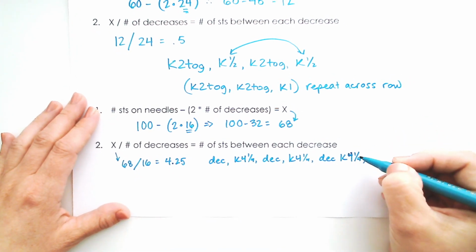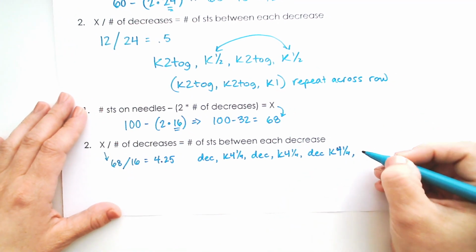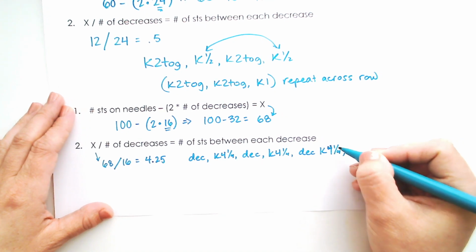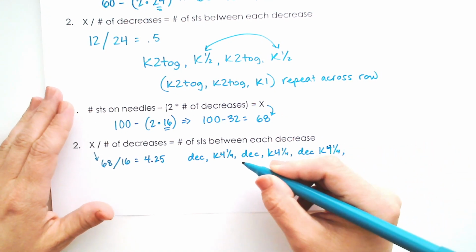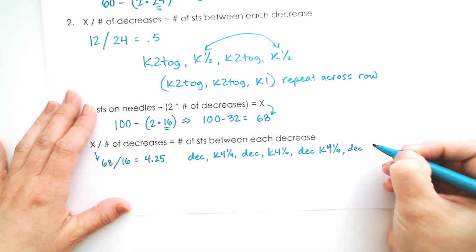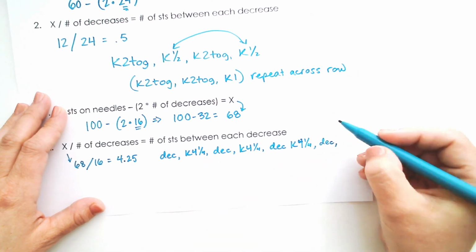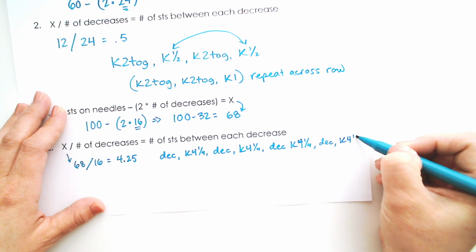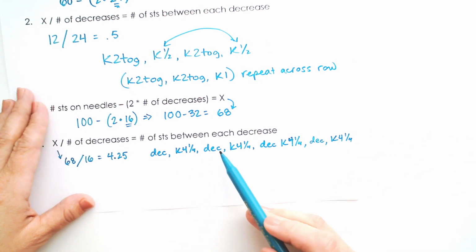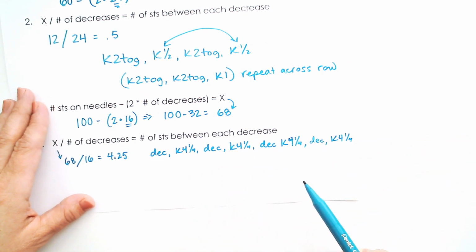And what we have here when we have quarters is you need 4 sets of 1/4 to equal a whole. So let's take a look now at a decrease and knit 4 1/4 4 times. So we've got 4 sets of these decrease, knit 4 1/4.